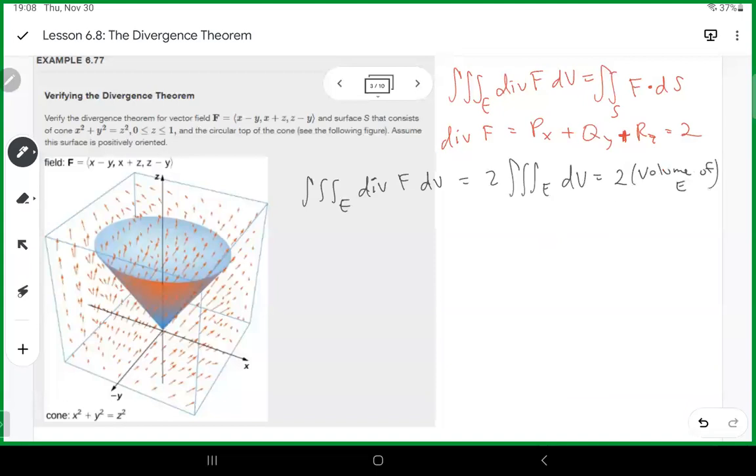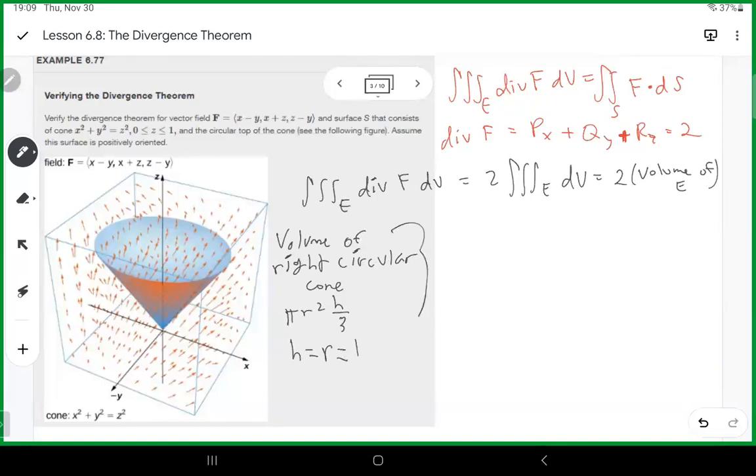Okay, so the volume of the right circular cone is given by pi r squared h over 3, where h equals r equals 1.